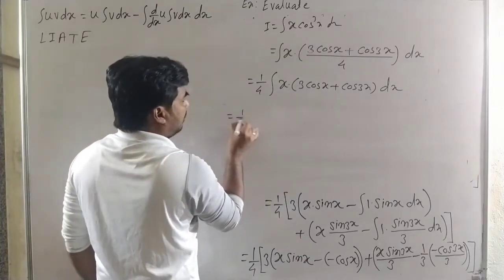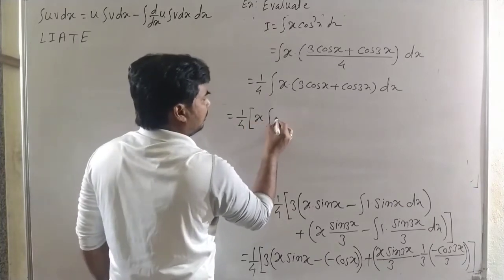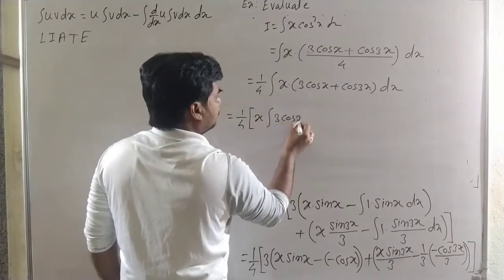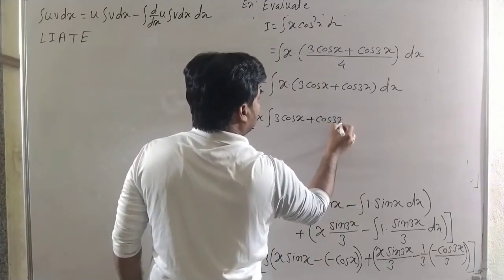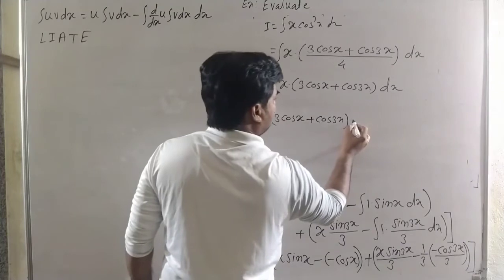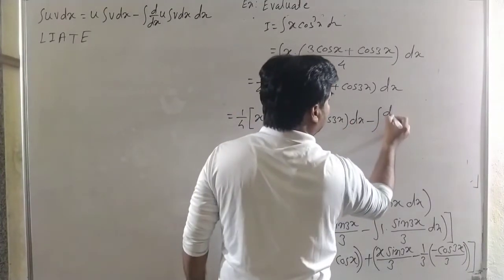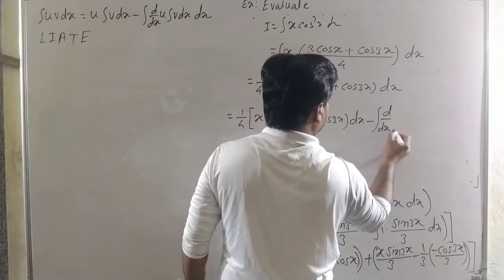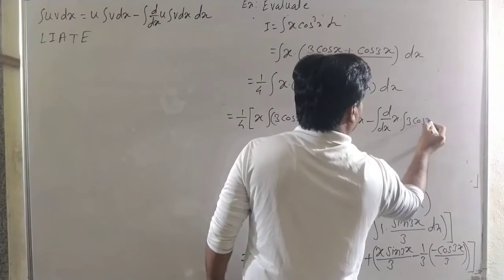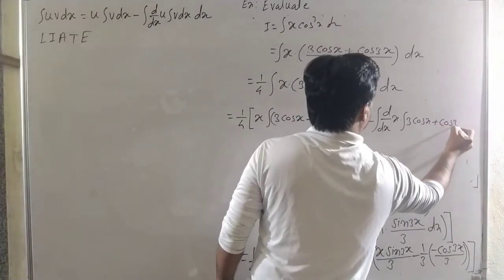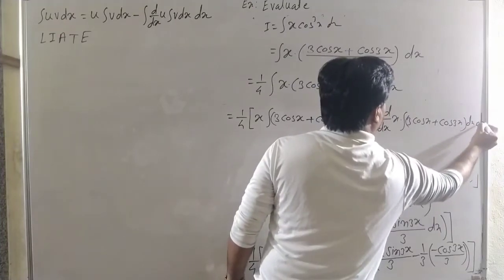So here 1 by 4 into u into the integral of 3 cos x plus cos 3x dx minus the integral of the derivative of x into the integral of 3 cos x plus cos 3x dx, and it is dx.